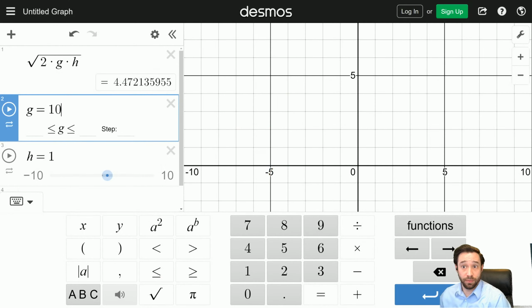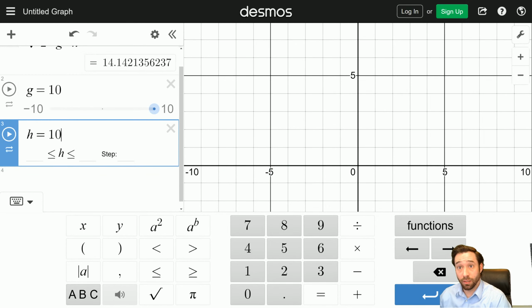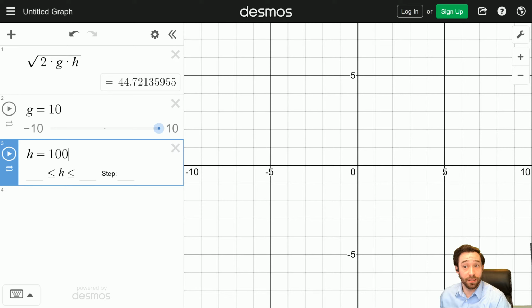Go back over here, I plug in 100. Cool. Now, what it's done is, I'm going to take the value of 100, I'm going to set that equal to H. So this H right here is now 100. 10 equals G, and plug in 10 there, and Desmos automatically calculates that it's this number.